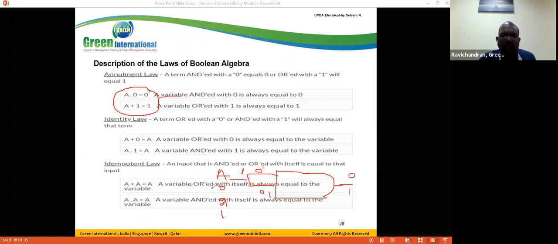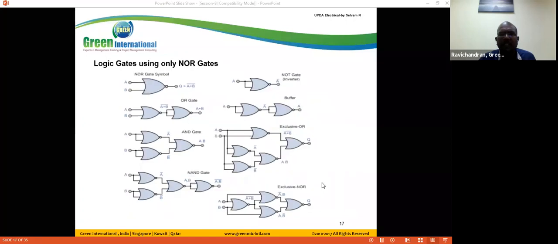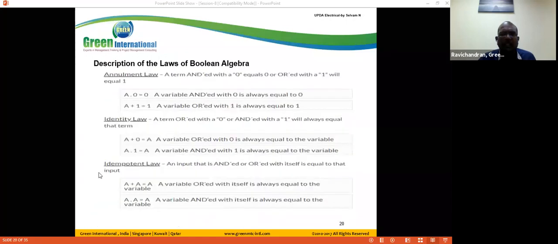So that's why we say A dot A is equal to A. We can say this is a buffer circuit. For the digital buffer, if you give 0, the output is 0. If you give 1, the output is 1. This circuit we call a buffer circuit.